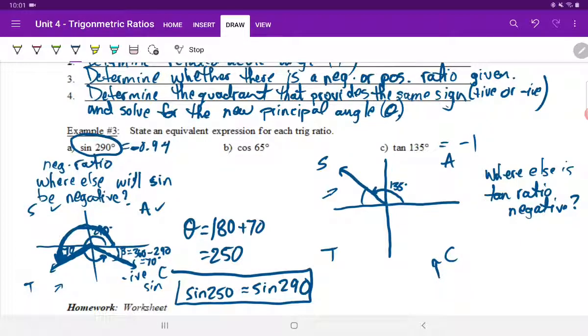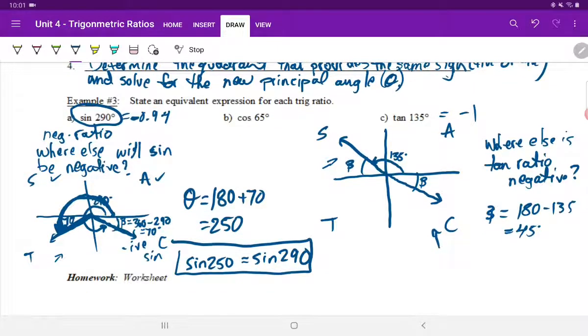So I'm going to write the terminal arm in this quadrant. Okay, that's where we're going to find an equivalent negative expression. Next I'm going to find beta, and I'm going to apply that same beta right there. Beta is equal to 180 minus 135, which is 45 degrees.